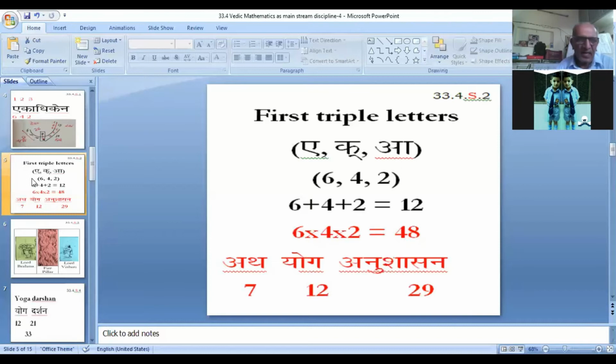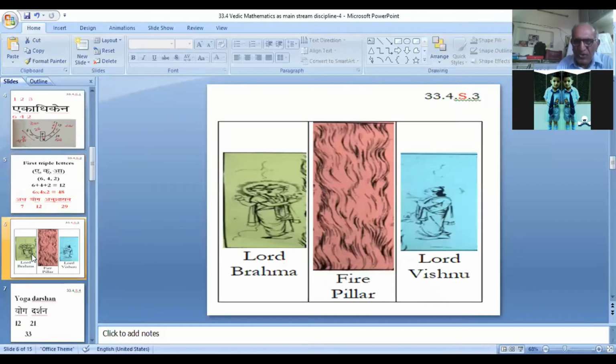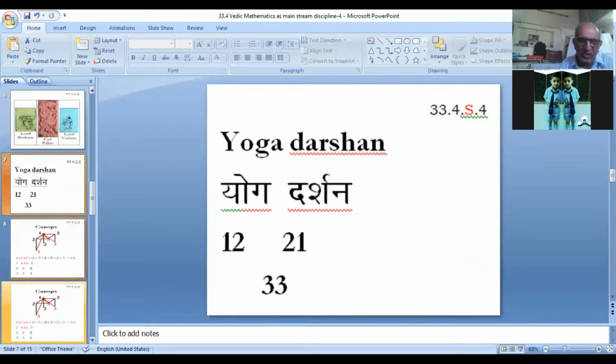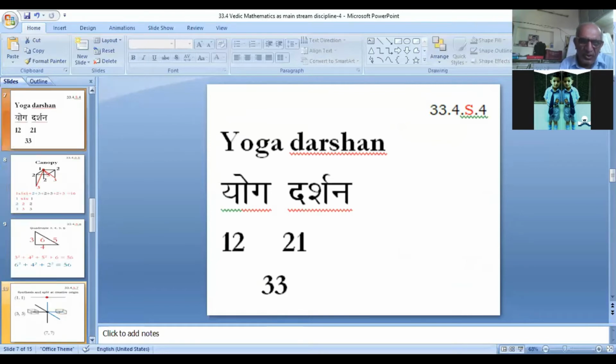Let us have a fresh visit to the formulation Yoga Darshan. The formulation Yoga Darshan is a composition of pair of formulations. Yoga is the formulation which accepts TC value 12. Darshan is the formulation which accepts TC value 21. The summation value is 33.